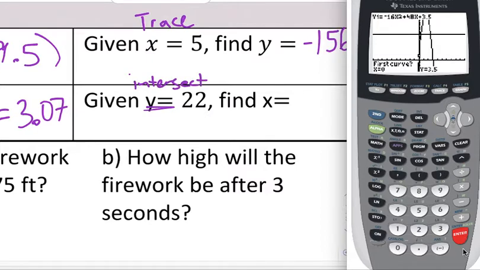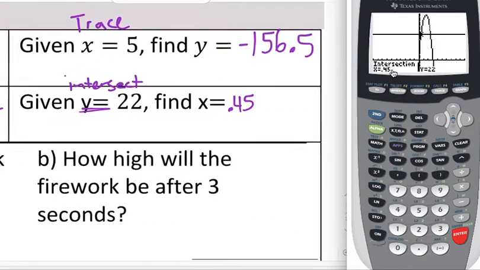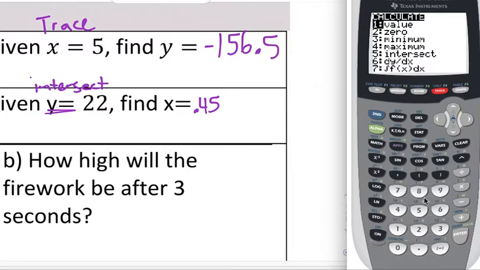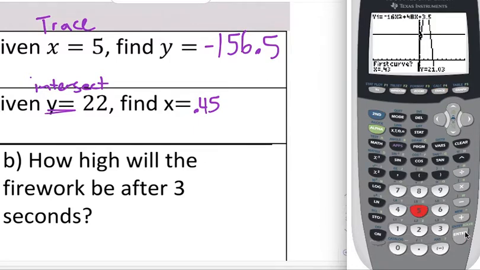So we're going to put this into y equals, then we're going to use intersect. All right, first curve, you say yes. Then it jumps to your second curve, you say yes. Guess? Yes. So it tells us the first place it intersects is at 0.45. But we see there's also a second place that it'll do that. So we just go ahead and go second trace again, down to intersect, first curve.